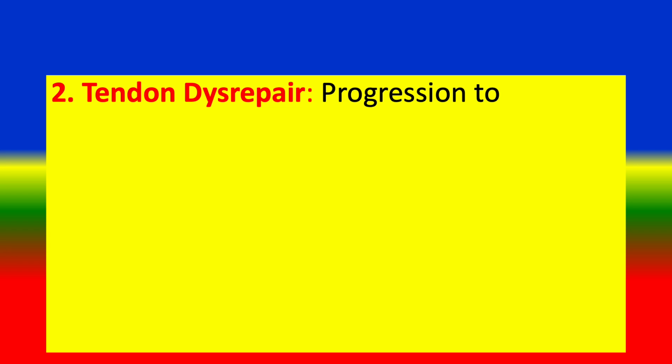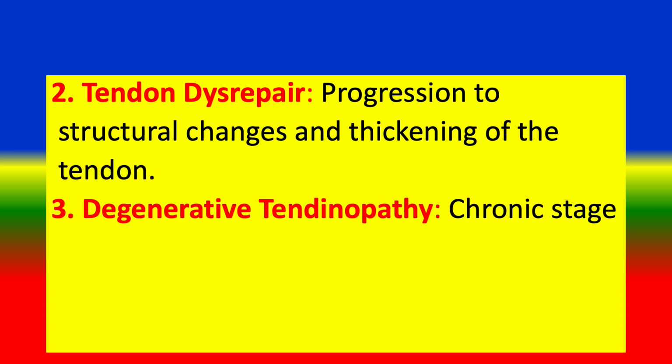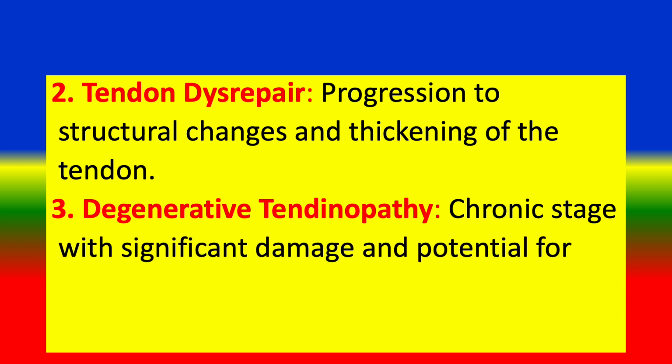Tendon disrepair. Progression to structural changes and thickening of the tendon. 3. Degenerative tendinopathy. Chronic stage with significant damage and potential for tendon rupture.